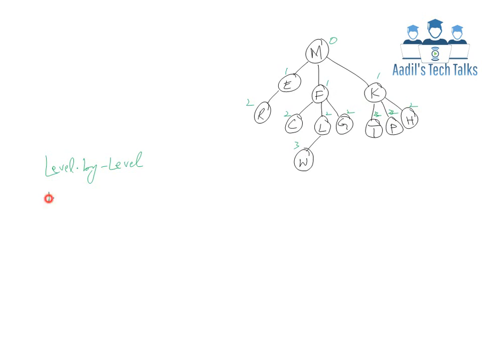The level 0 is M, level 1 from left to right is E, F, K, then level 2 from left to right R, C, L, G, T, P, H and then level 3 is W.